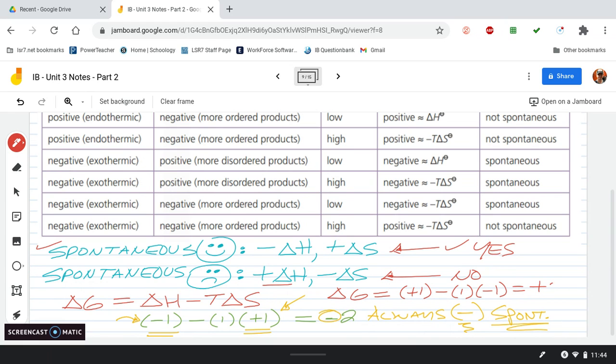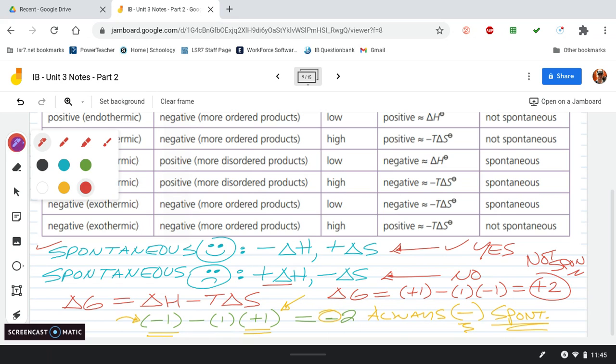This is a +2. It's never going to work. It's always going to give us a plus for the delta G, and a plus delta G is never going to work. It's going to be not spontaneous every single time.